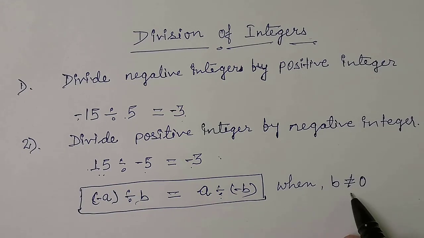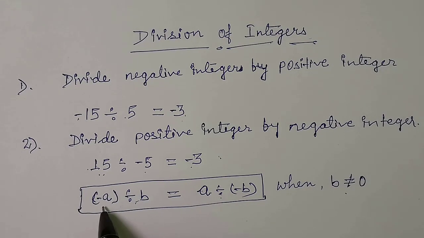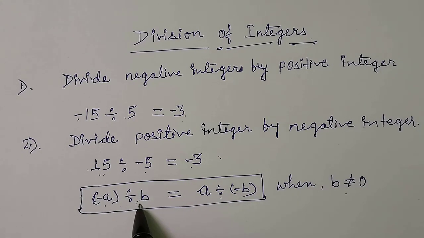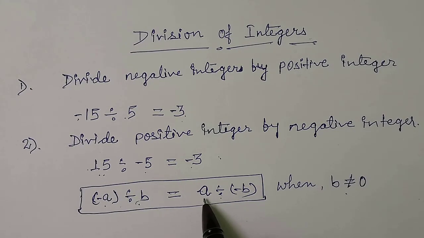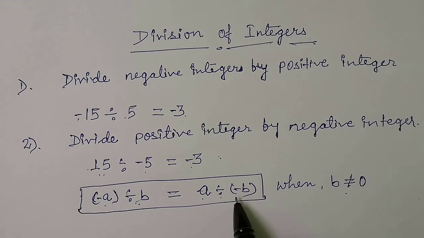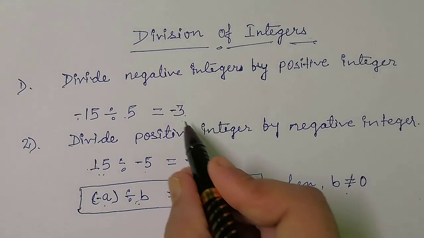So the result is that if we divide negative integers by positive integers and we divide the same positive integers by negative integers, then in both conditions we will get the same quotient.